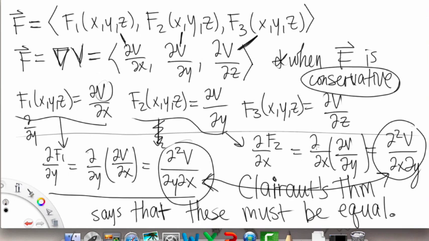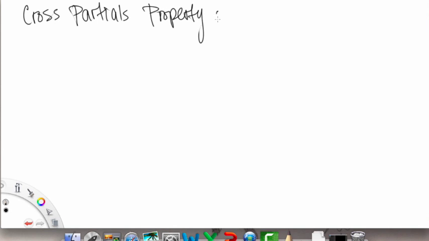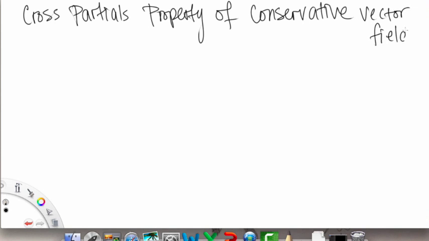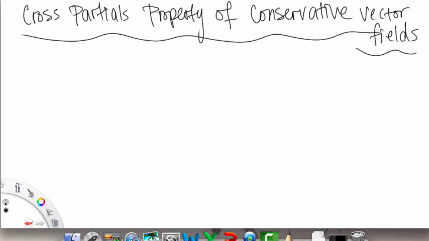So what this means is that, I'll start on the next slide. So this leads us to the cross partials property of conservative vector fields. Okay, so I'm just going to write a series of conditions basically.